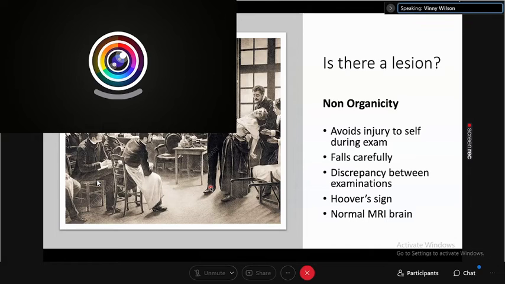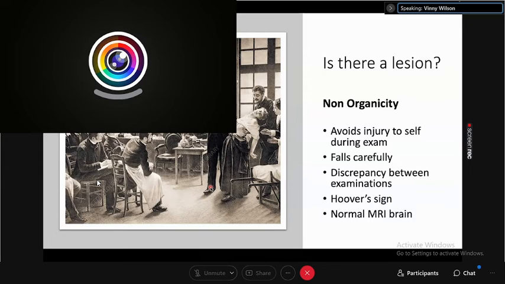And in a normal patient, you should feel the pressure of the other foot pressing on your hand. So if this counter pressure on the other side is not there, then the effort of the patient is not there, and that's a positive sign, and this could sometimes give a clue to nonorganicity.